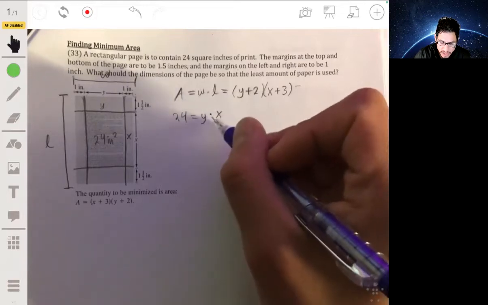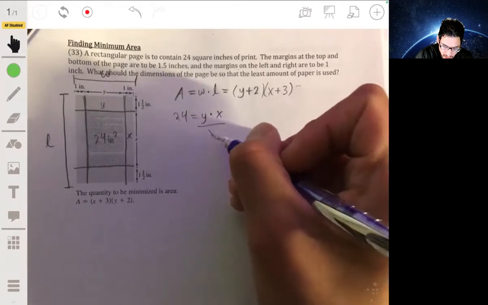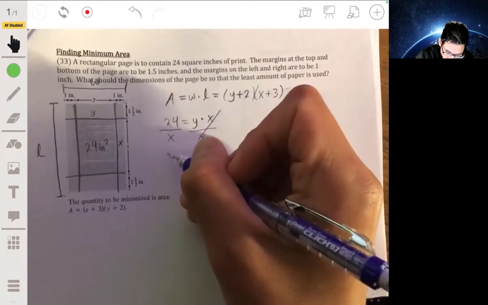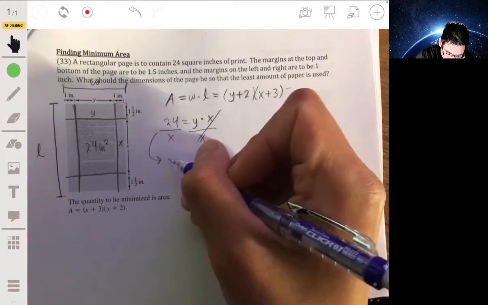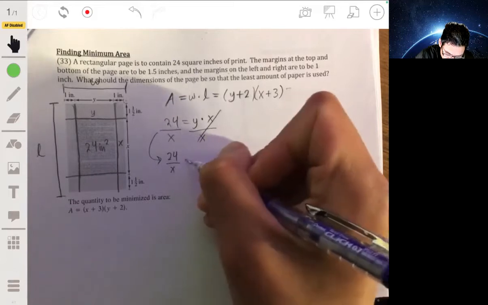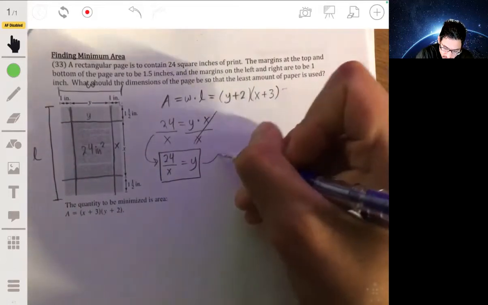If we rewrite this in terms of y, let's divide both sides by x. Then we have 24 over x equals y. And then we could just put that here.